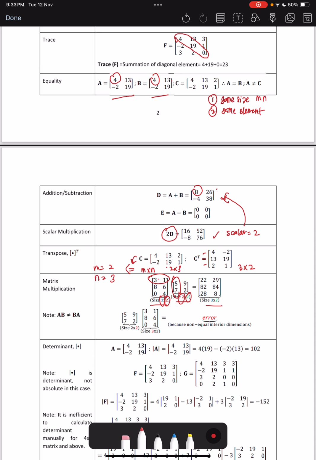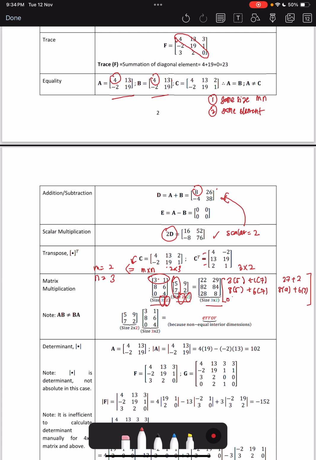So from here, 3 times 5 plus 1 times 7, and then you get 22, and then here is 8 times 5 plus 6 times 7, and then 8 times 9 plus 6 times 2.